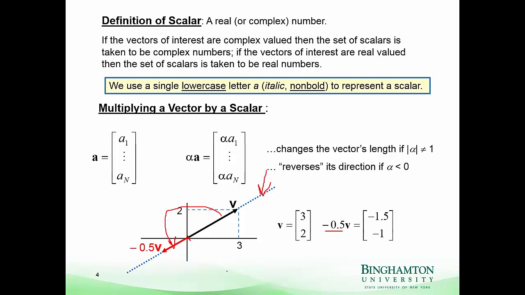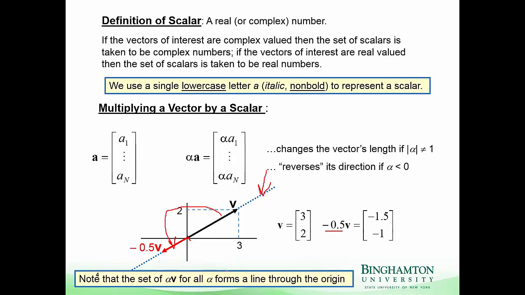So that vector, from visualizing it here, would have a length of 0, but it still lies on that line. And so we can say alpha v, the set of alpha v for all alpha, forms a line through the origin.